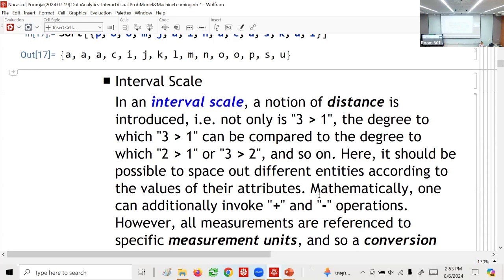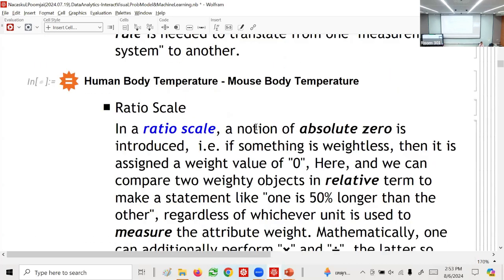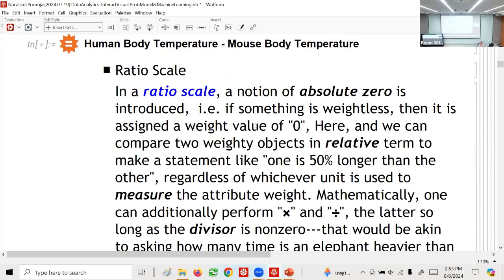No, because when you say it in Fahrenheit, you get another ratio, right? Because the 0 is completely arbitrary. Right? So that's why all you can do is subtract, but you can't divide. If you can divide, then it becomes a ratio scale. What it means is that not only can you measure distance, there's an absolute 0 to it.